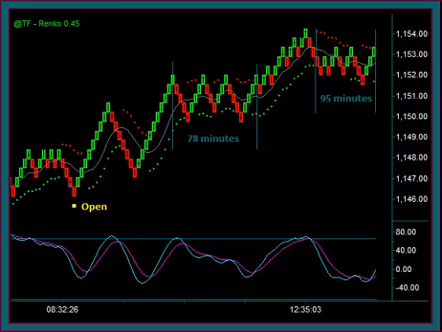Okay, and let's see, when did that start? That started like at 9:12, okay? So look at the swings from the open until 9:12. Up, down, up. Do the initial reverses.